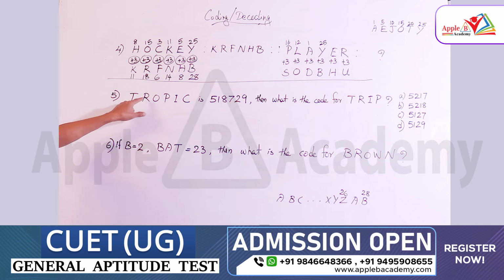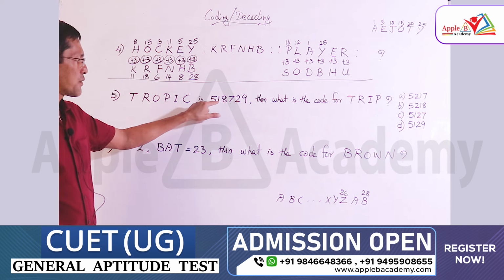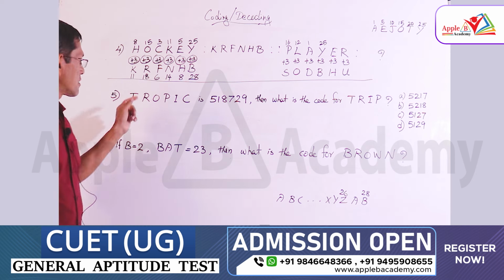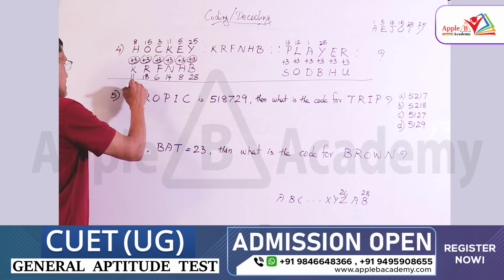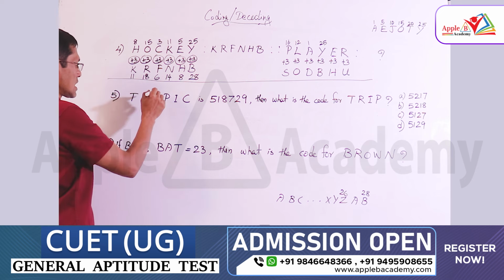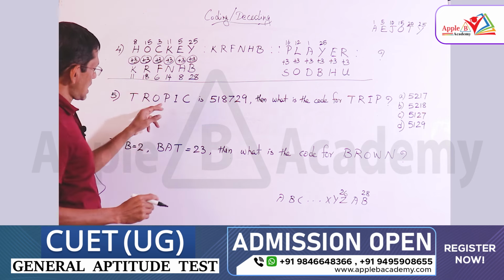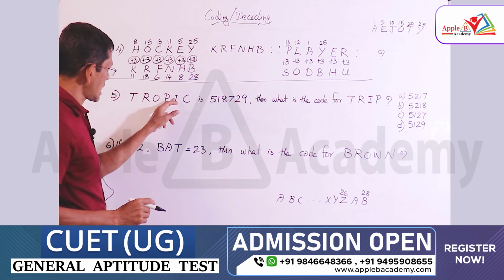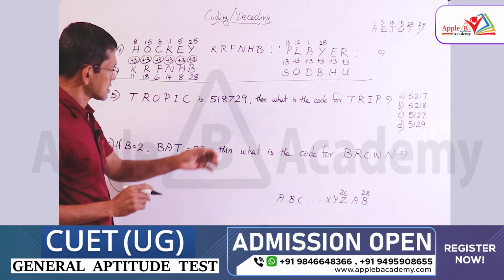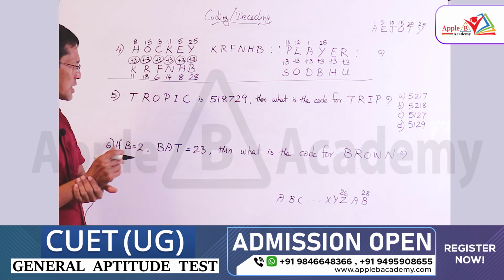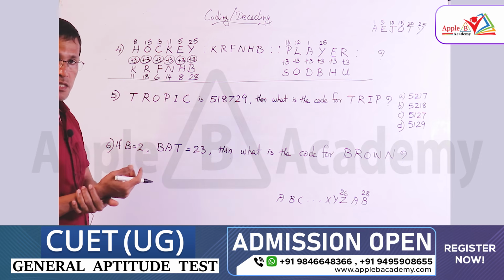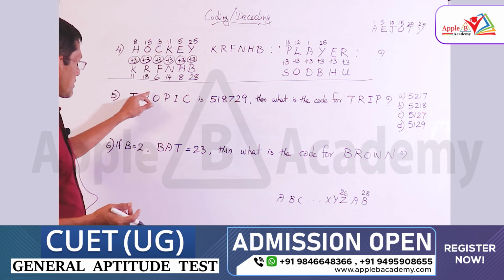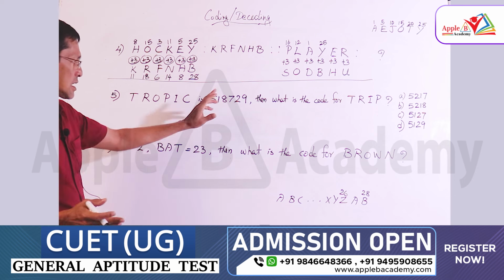What is given to us is tropic, which is called as 518729. Well, if you look at the position values of these letters, it's 20, this is 18, this one is 15, and this one is 16, this is 9, this is 3. And what is given here, 518729, doesn't really match with anything over here. So we have an 18 here, we have an 18 here, that's fine.